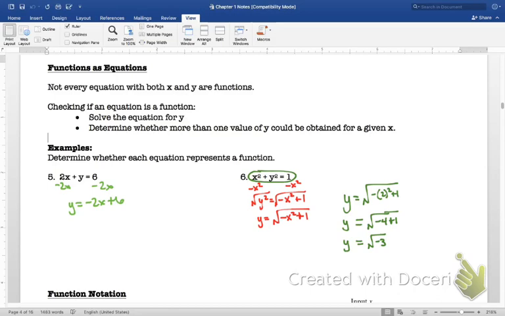There's really only one set of values I can plug in that won't give me a negative value. Anything over 1, I'm going to have issues, right? It's always going to be an imaginary number.